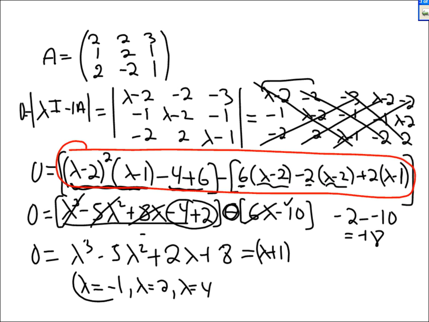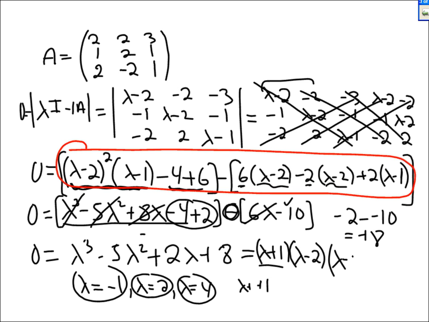If lambda is negative 1, then lambda minus a negative 1 must be a factor, which is lambda plus 1. And that's what I wrote. And if lambda equals 2 is a root, then lambda minus 2 is a factor. And if lambda equals 4 is a root, then lambda minus 4 is a factor.